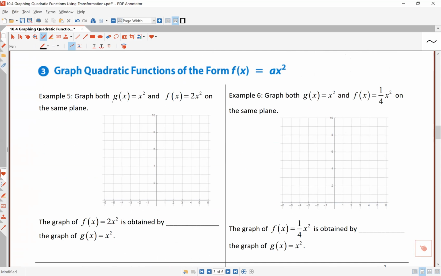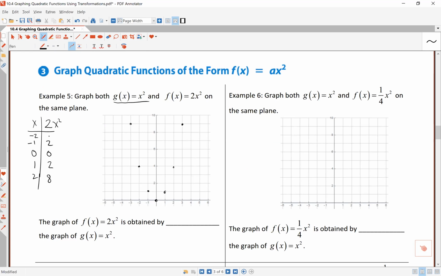So if g of x equals x squared, it goes over 1 and up 1, over 2 up 4, over 3 up 9, and it does the same thing on the left side. For 2x squared, two times 1 squared is 2. 2 times 2 squared is 8. And the negatives of those, squaring negative 1, it's positive, times 2 is 2.